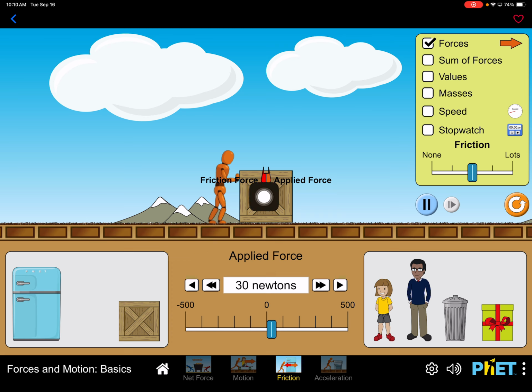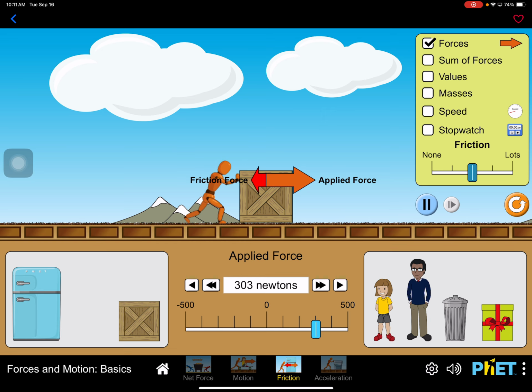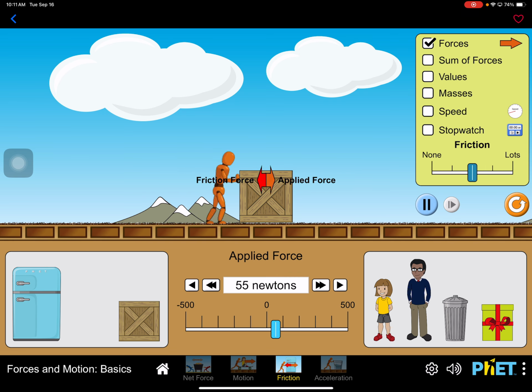And how large is the friction force? That's equal to the applied force, 30 newtons. How large is the friction force now? 0. How large is the friction force now? See, it's changing.